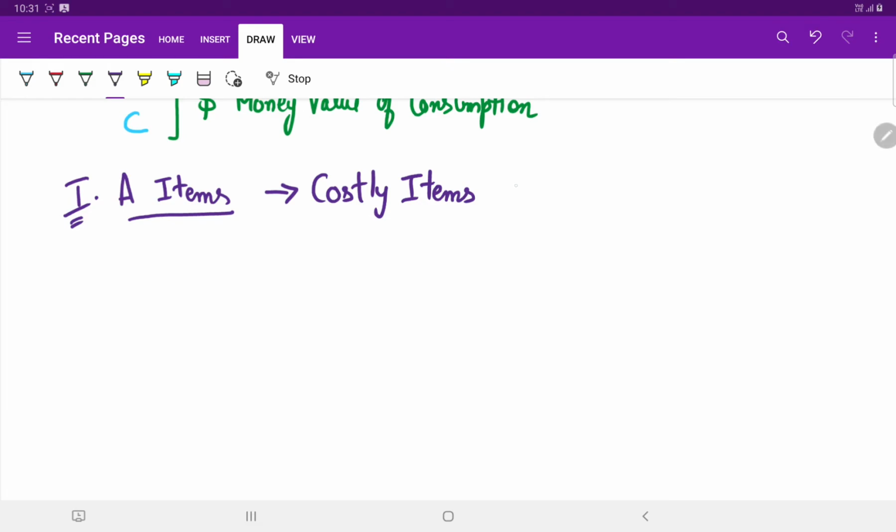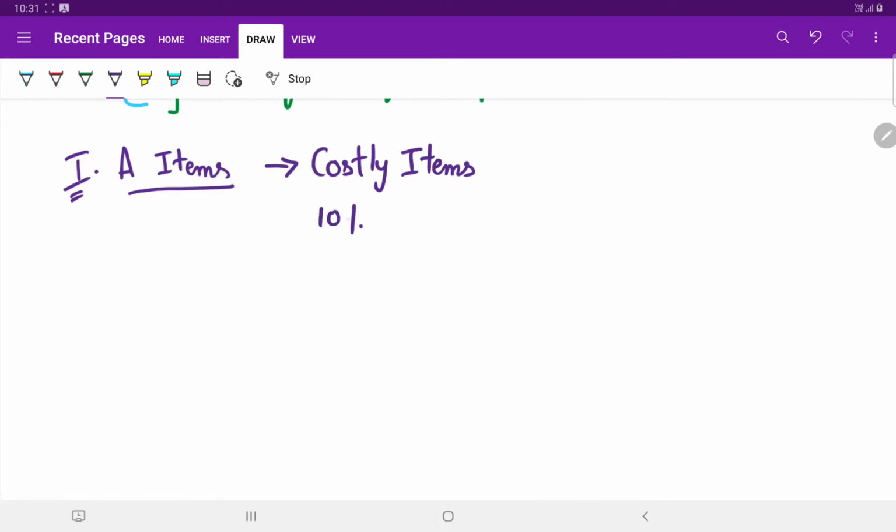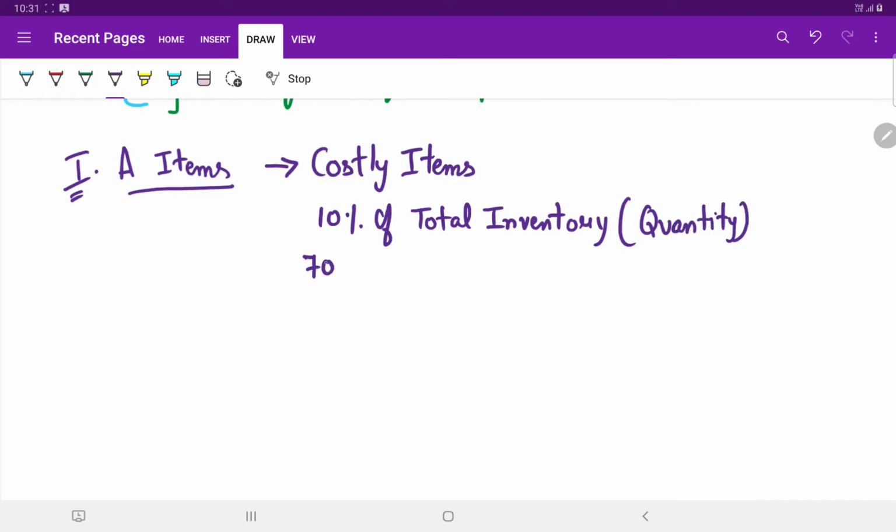So understand, in terms of quantity, they may be only 10% of the total number of items of total inventory, but they constitute 70% of total budget for inventories.